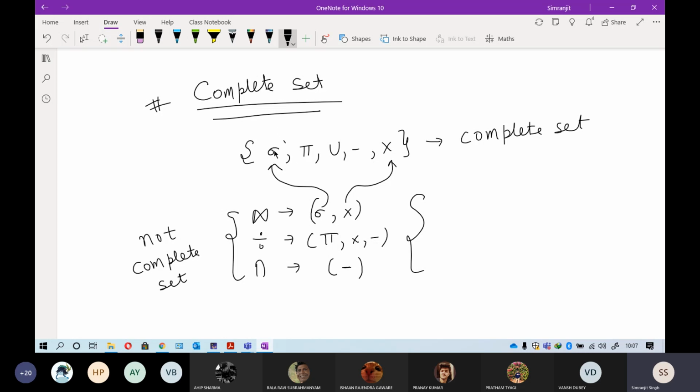Select cannot be implemented with the help of a minus, not with the help of a project, not with the help of a union or a multiplication. Keep that in mind. It's a very important concept. You may have studied this in digital electronics also, where this concept is referred to as completeness of an operator.